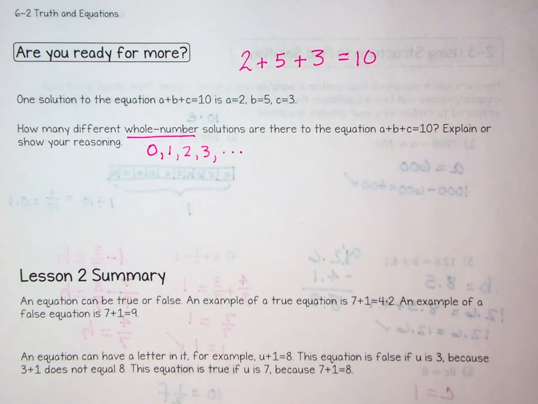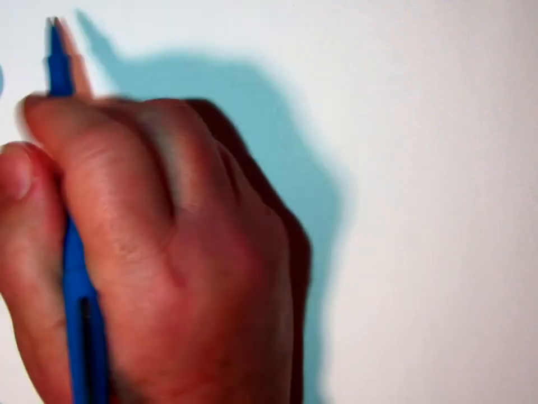So this is a problem that actually is a branch of mathematics called combinations and permutations. And you might get into this when you get up into like Algebra 2.